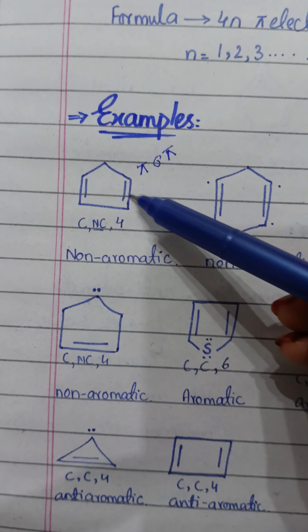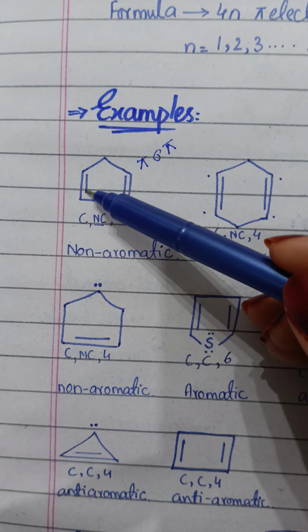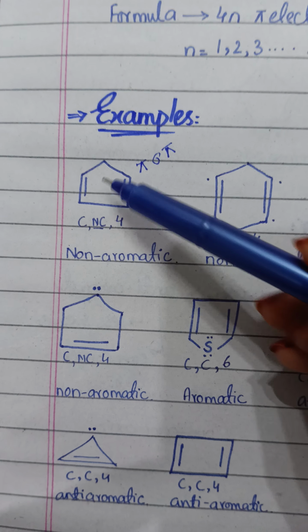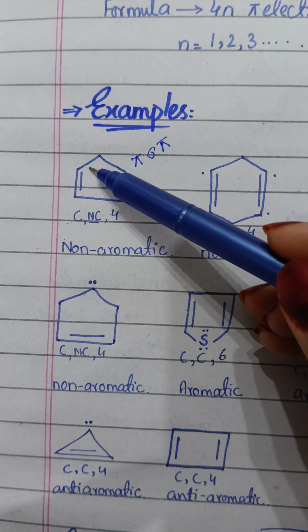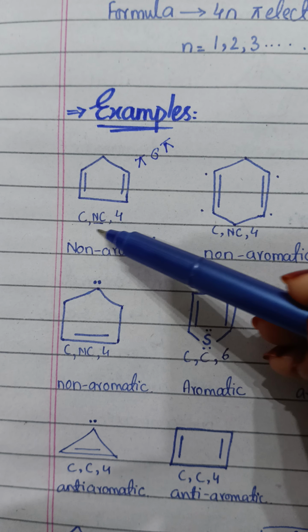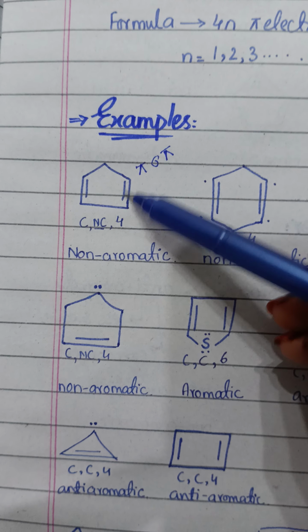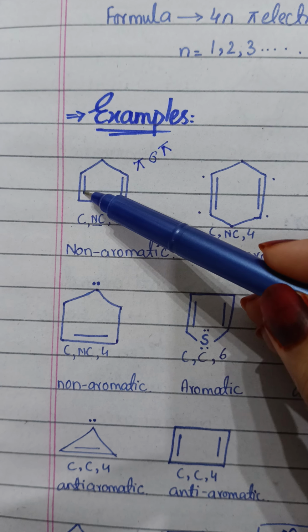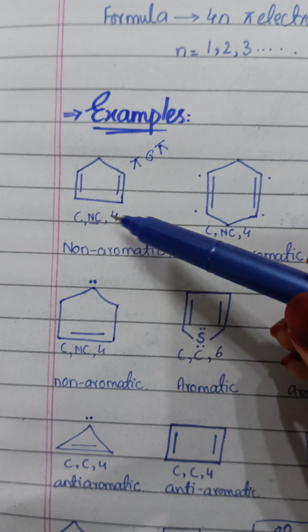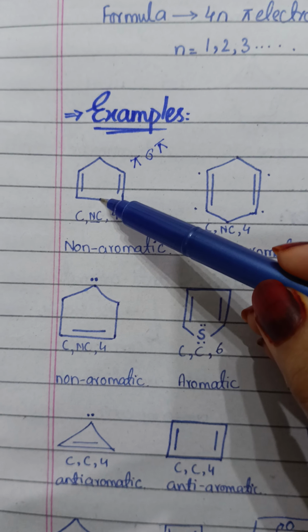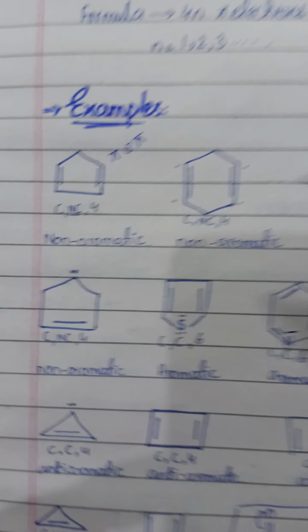For example, we have pi, sigma, then again sigma, and then we have pi and sigma. So sigma sigma cannot come together with each other, so therefore it has no conjugation in it. And the pi electrons are 1, 2, 3, and 4. So we have 4 pi electrons.